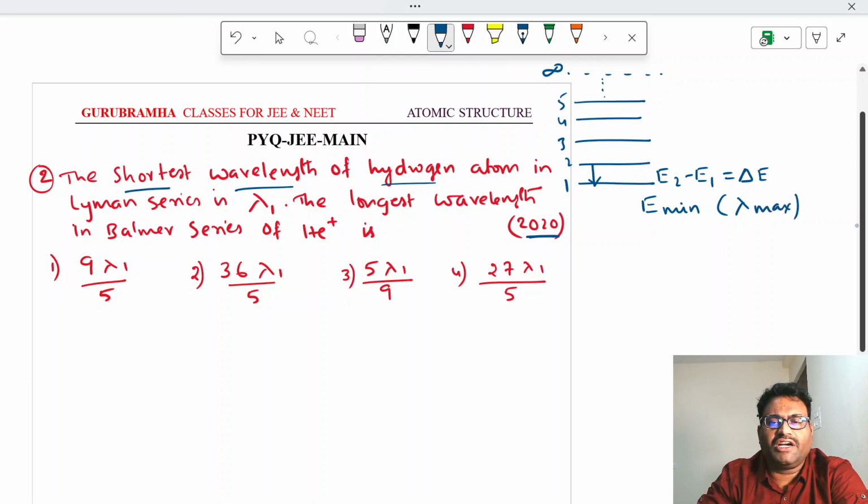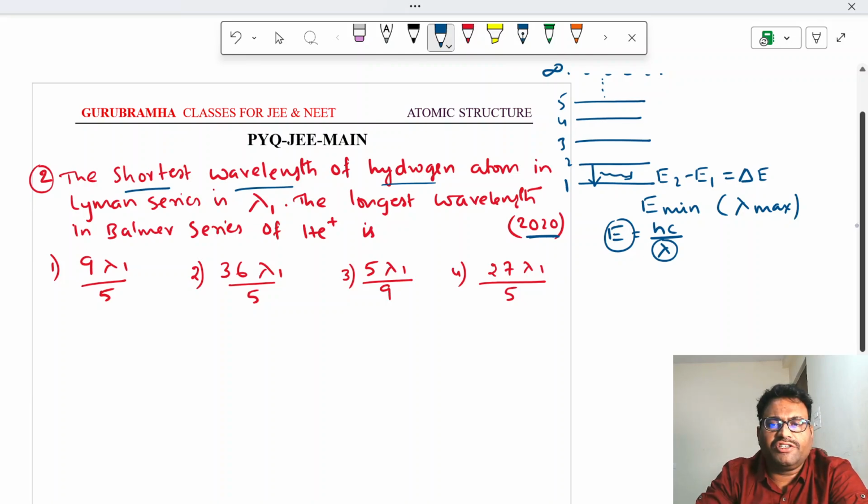Why? We know that E is equal to hc by lambda. Lambda is inversely proportional to energy. So this spectral line, when electron de-excites from 2 to 1, will have least energy.